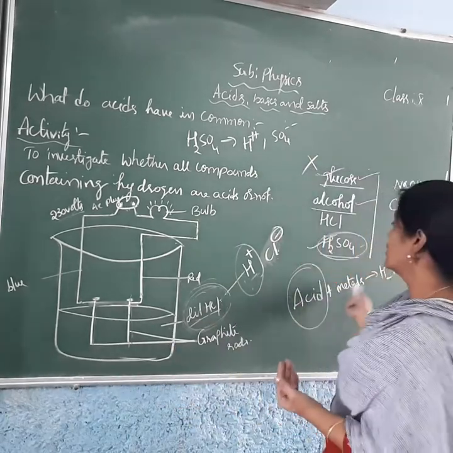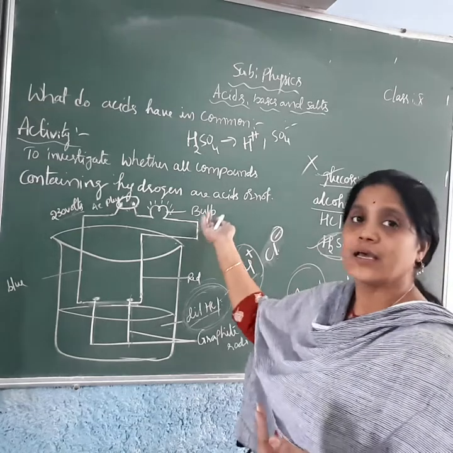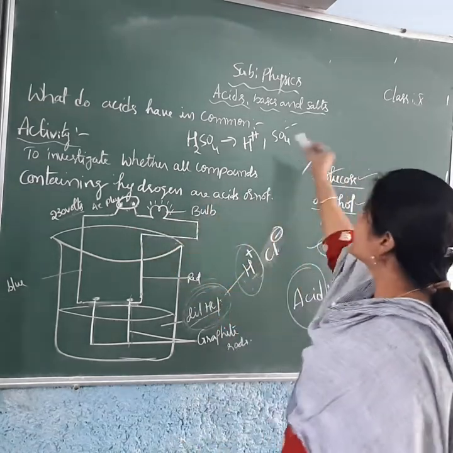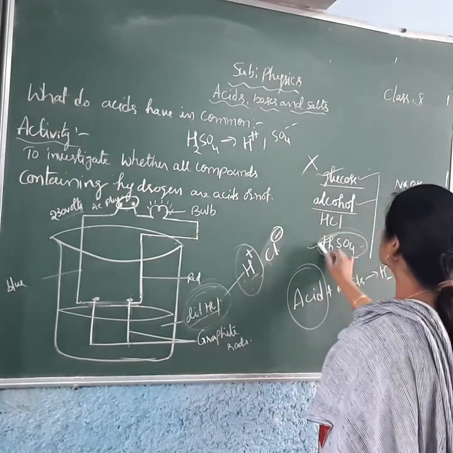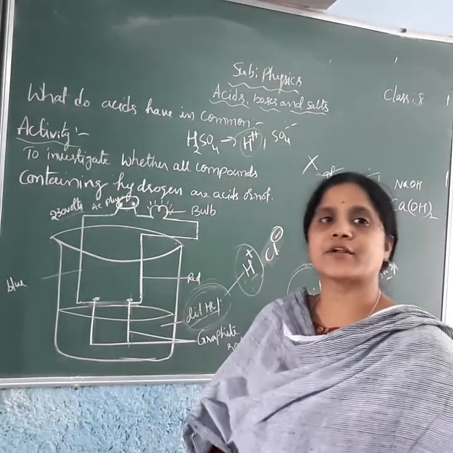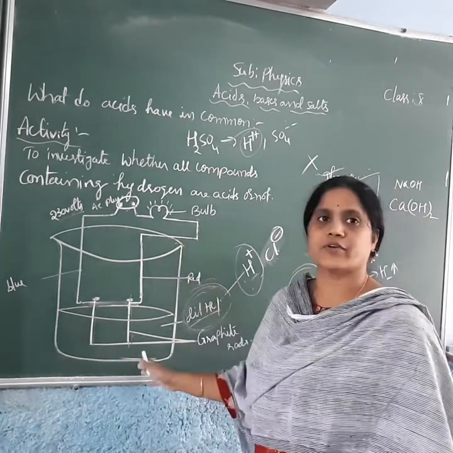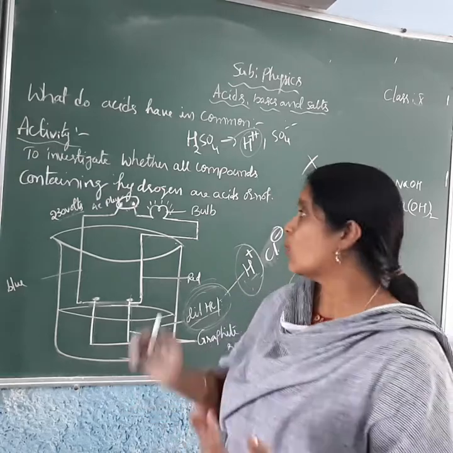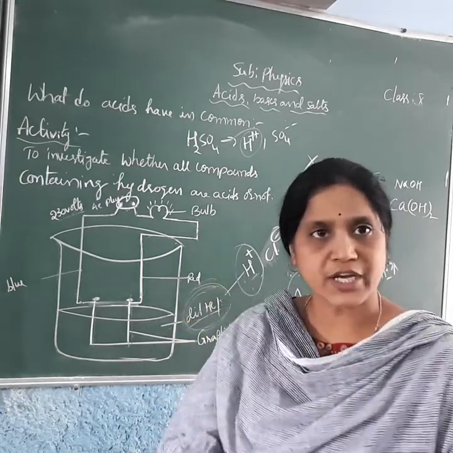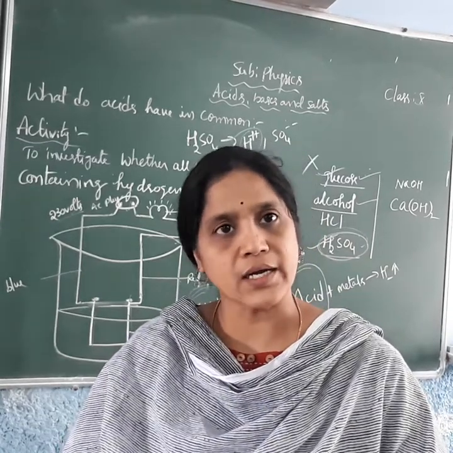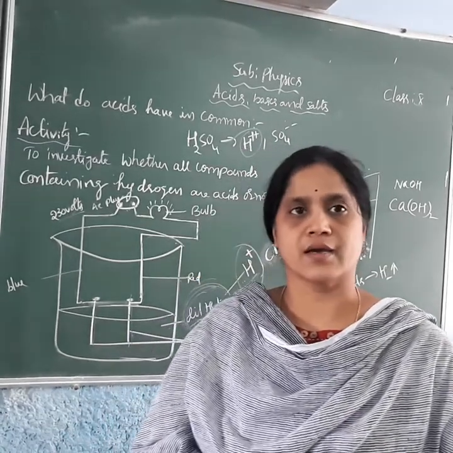Due to that, the bulb is glowing. Here H2SO4 also contains hydrogen element. So through this activity, we can confirm that whatever acid we take, it contains H plus ions.